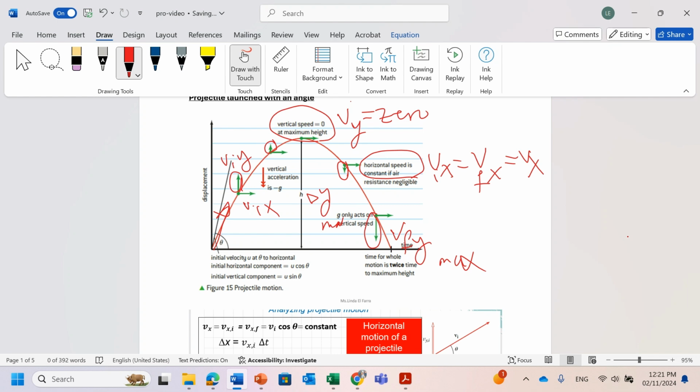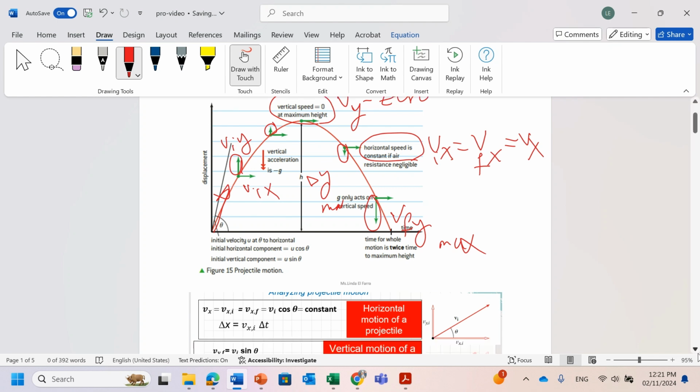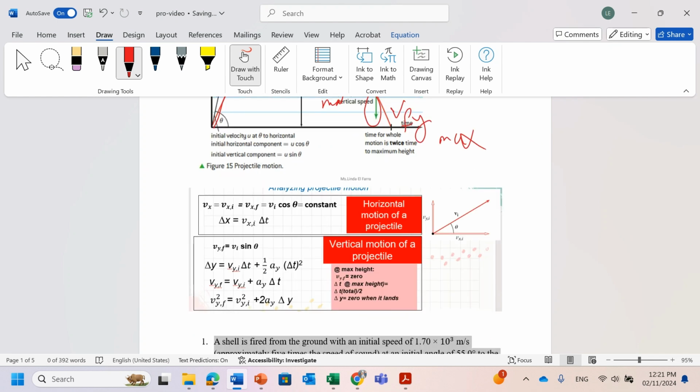Now, for the equations of motion for a projectile, we have x and y components, horizontal and vertical. In the horizontal direction we have two kinematic equations, because there is no acceleration in x direction, ax is 0. That's why we end up with two equations. V initial in x equals V final in x, and this will equal V cosine theta, because this is V and this is the angle.